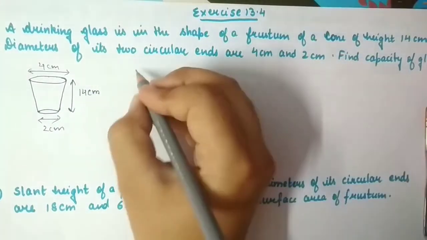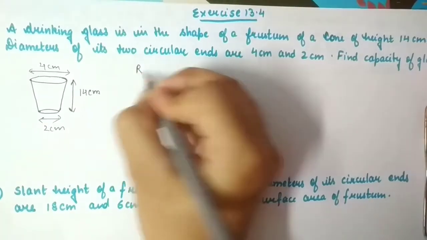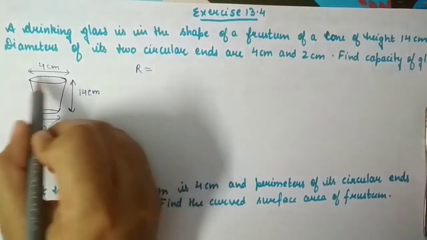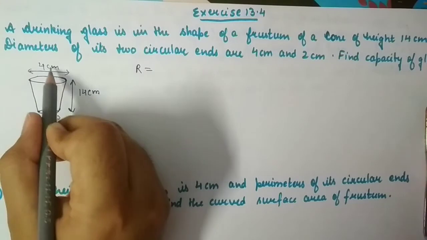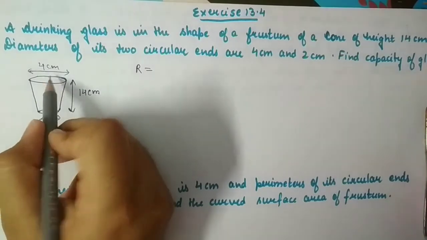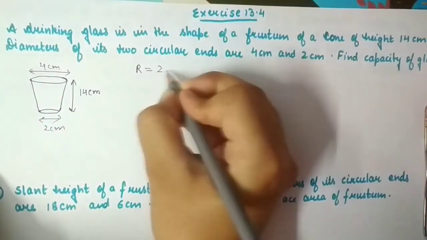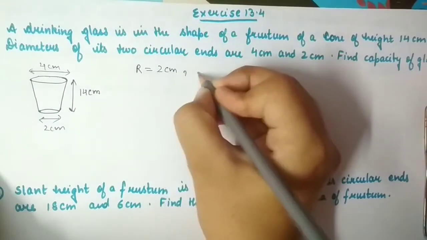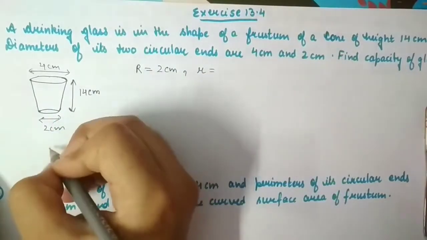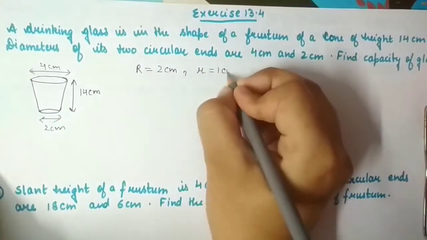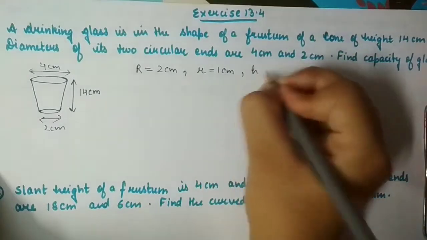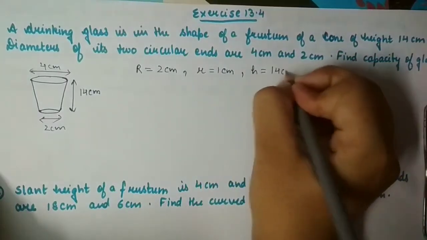So first of all, you write down capital R is the radius of the larger circular end, that is 4/2, that is 2 cm. So capital R is 2 cm and small r is 2/2, that is 1 cm. And height h is 14 cm.